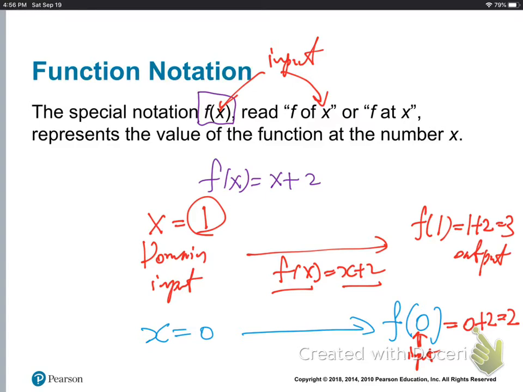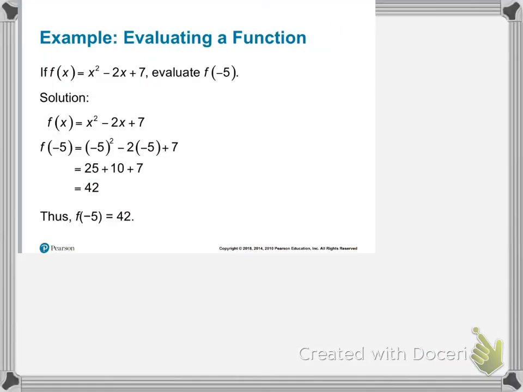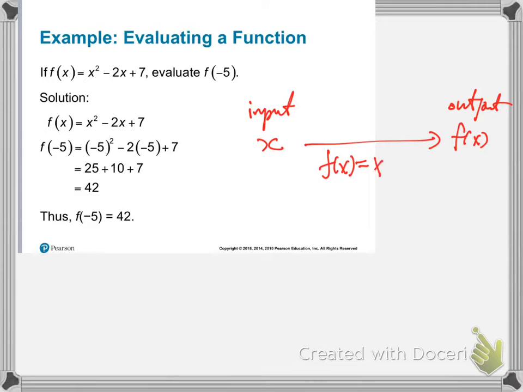So now let's talk about evaluate. This is a harder example. The input is x, and output is f of x. So what's the formula between input and output? It is this quadratic polynomial x squared minus 2x plus 7.